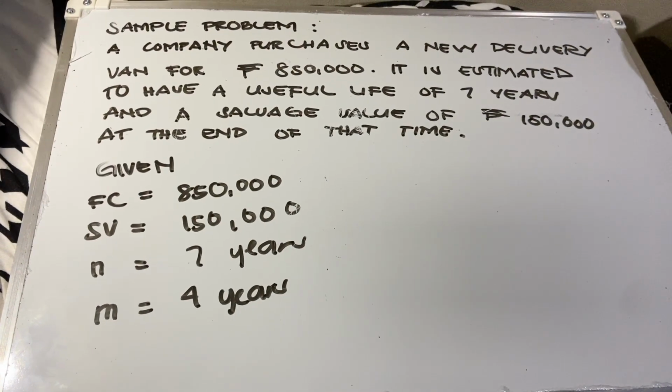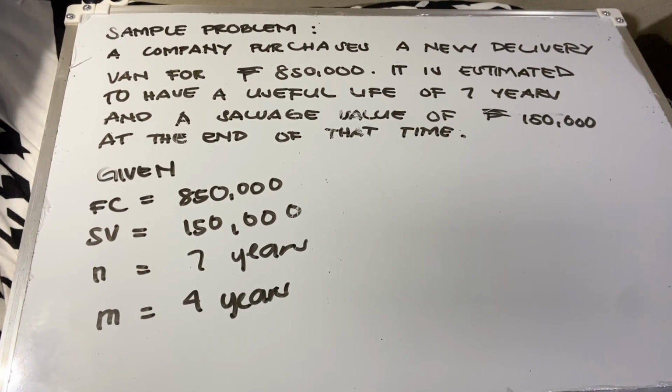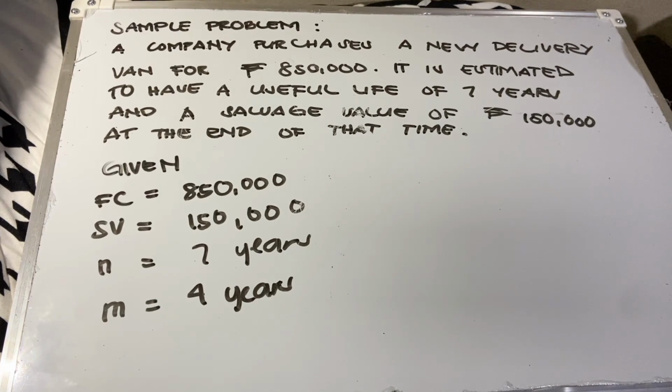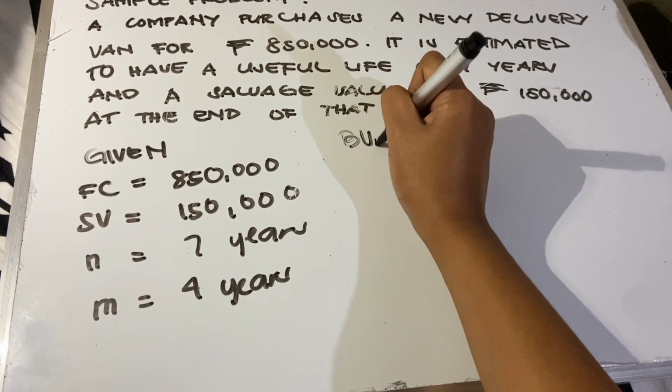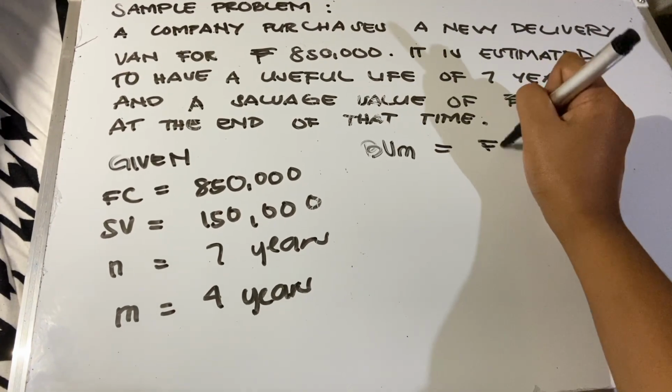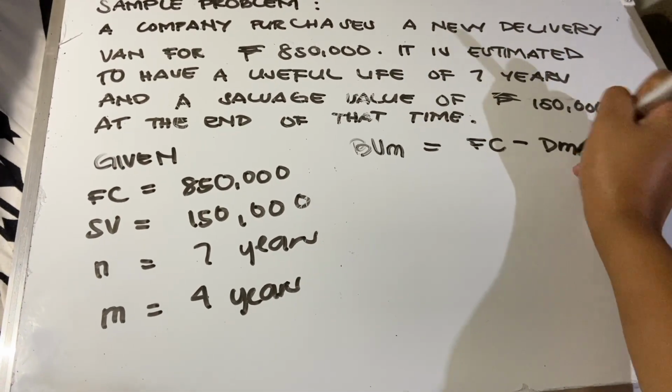The last one is the book value after 4 years, which is the first cost minus the total depreciation up to that time. So BVM equals FC minus DM.